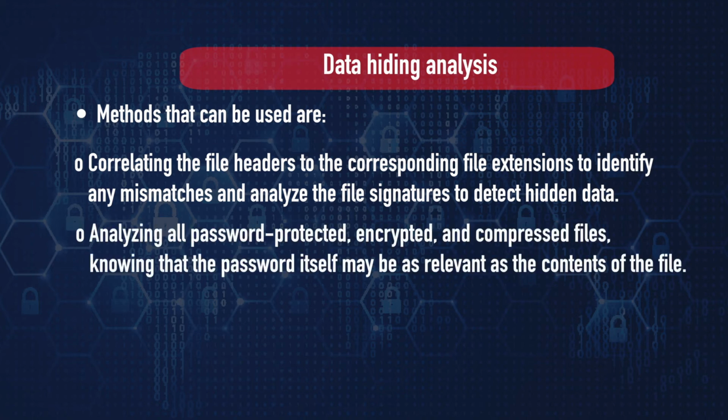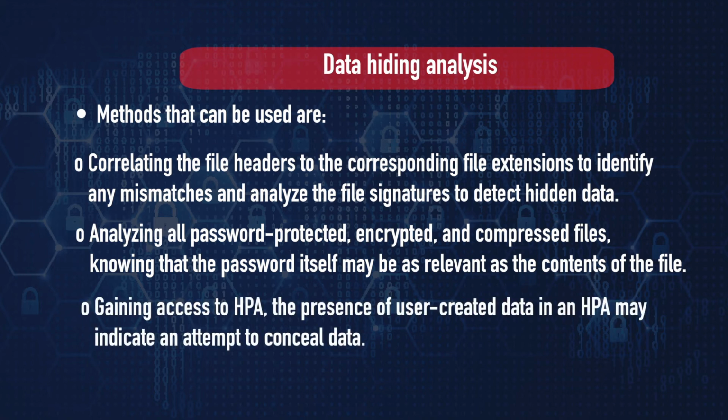Analyzing all password protected, encrypted, compressed files, knowing the password itself may be relevant as the contents of the file. Gaining access to HPA, the presence of user created data in an HPA may indicate an attempt to conceal data.